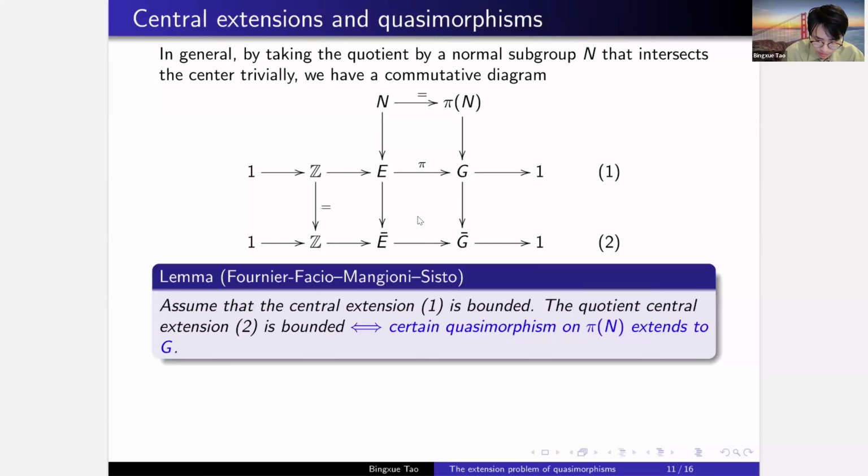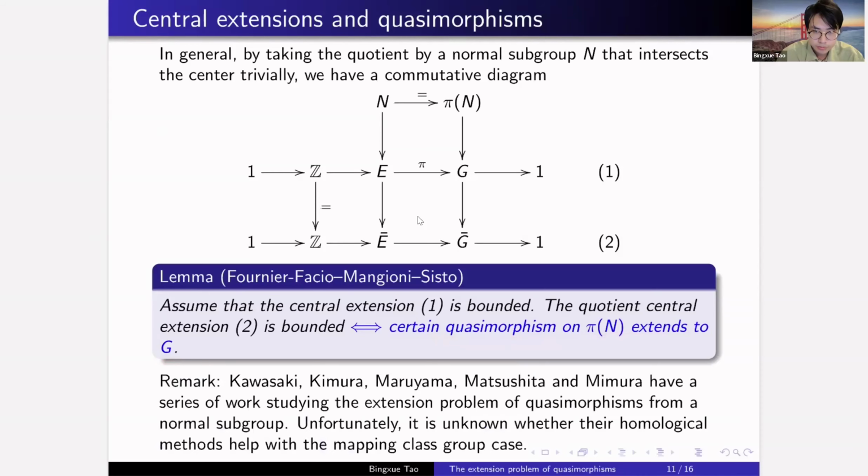They prove that if the original central extension is bounded, then the quotient central extension is bounded if and only if a certain quasimorphism on pi(N) extends to G. So this is also an extension problem of quasimorphisms.